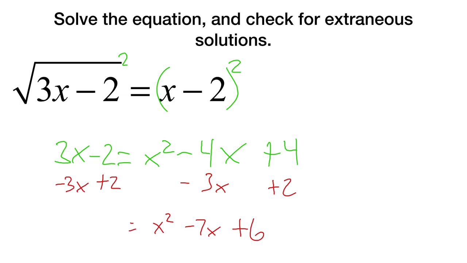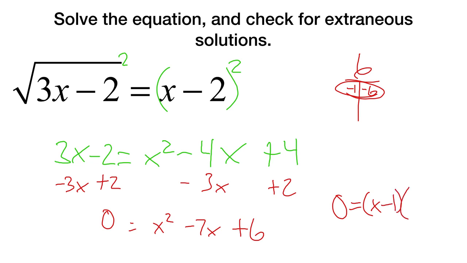Two numbers that multiply to be 6 and add up to be negative 7 will be negative 1 and negative 6. 0 equals x minus 1 times x minus 6, meaning our two possible answers are x equals 1 or 6.